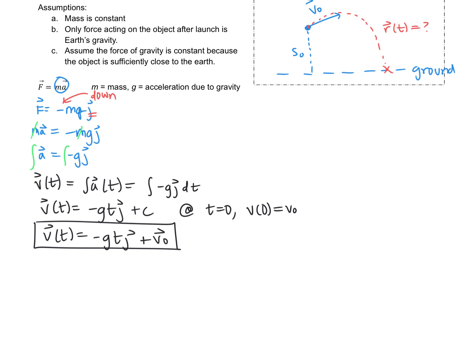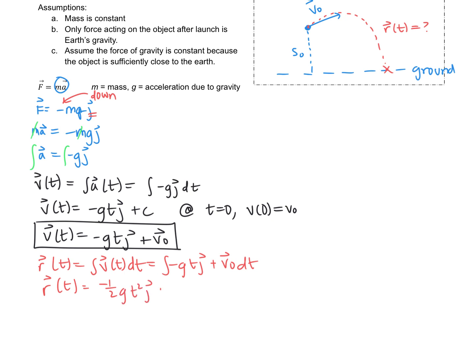So then, if I want to find position, again, I'm going to need to integrate what I have above. So that then gives me r of t is equal to negative 1/2 gt squared j, add v naught t, add c2.